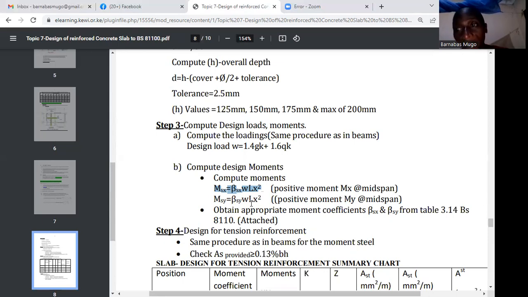mx at the midspan. Then you need to determine the positive moment my at the midspan using the formula that I have highlighted. I am going to show you how to go about it during our face-to-face class.